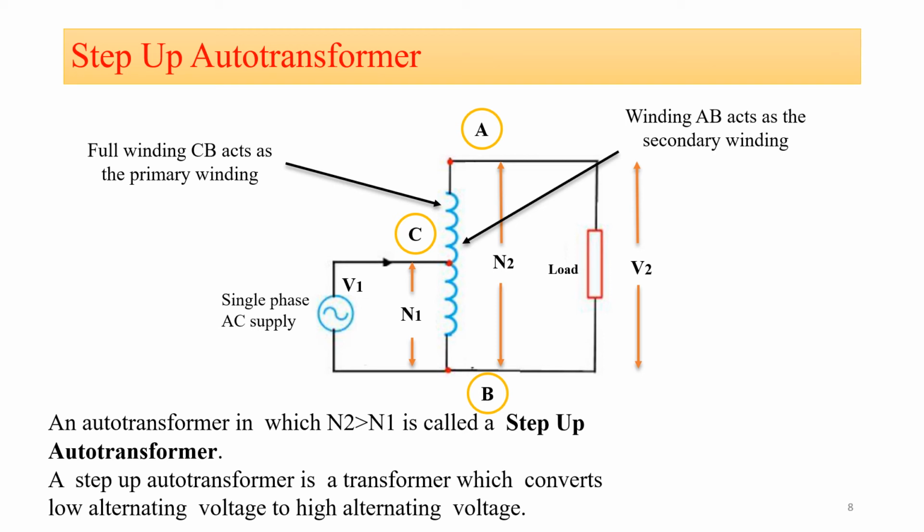A step up auto transformer is a transformer which converts low alternating voltage to high alternating voltage. Means the input, V1, will be low and the output, V2, will be high. That's why this type of auto transformer is called a step up auto transformer.